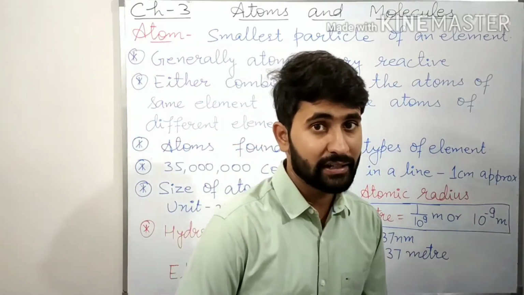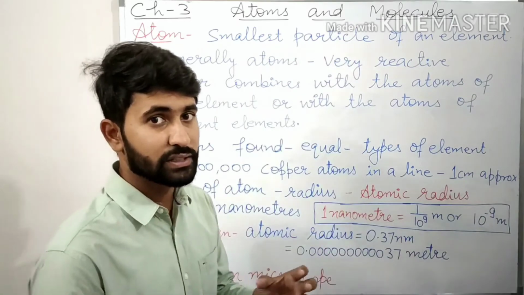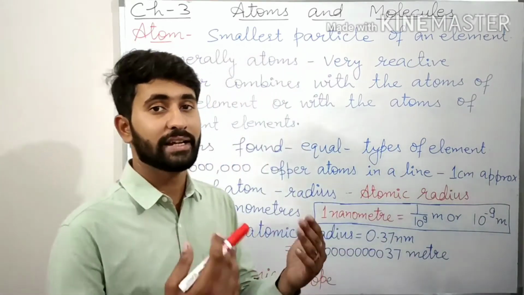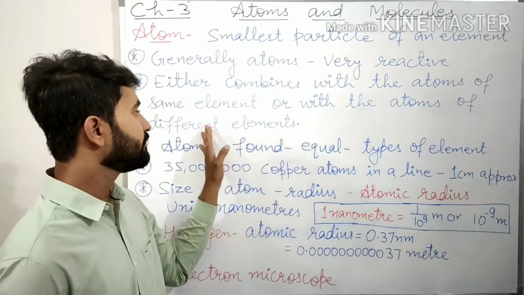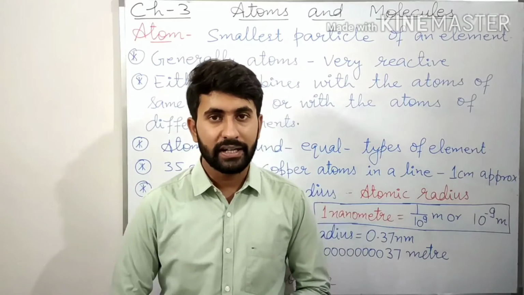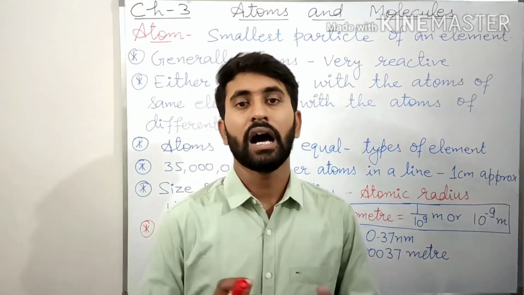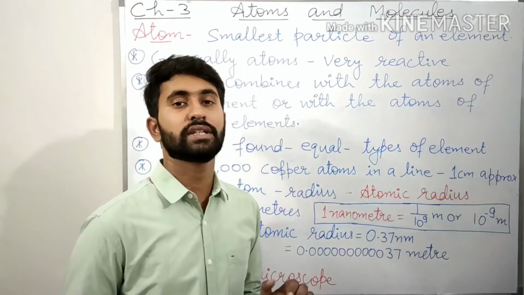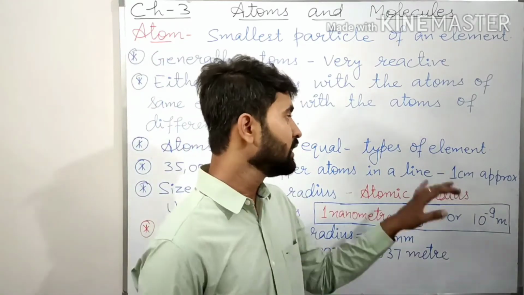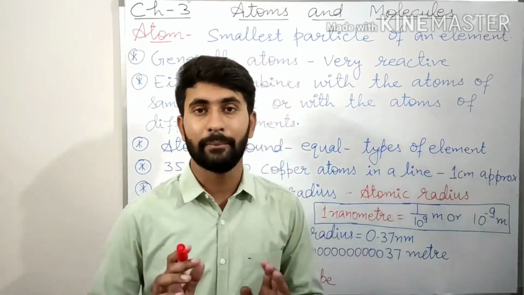Because they are very reactive, they react with atoms of the same element or of different elements. And the atoms of different types of elements are different. So the types of atoms found are equal to the types of elements.